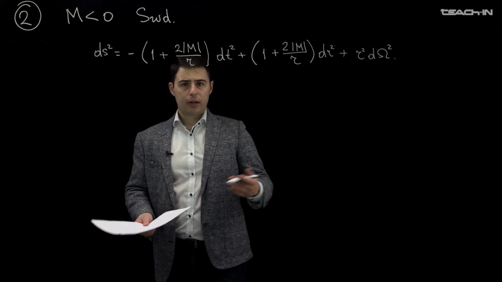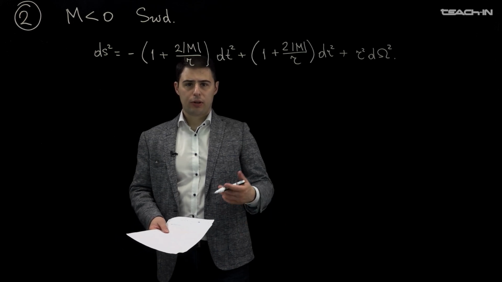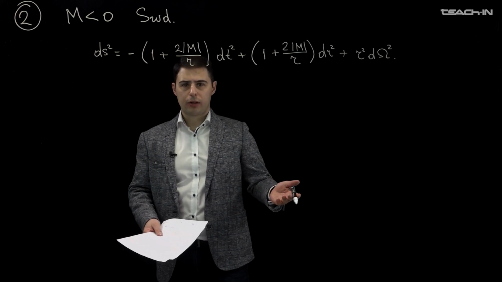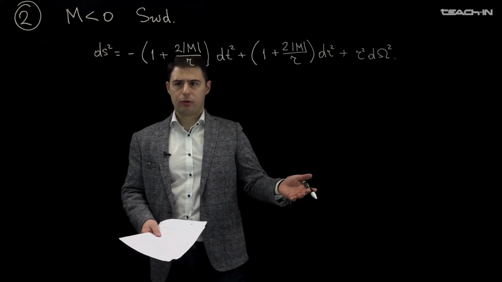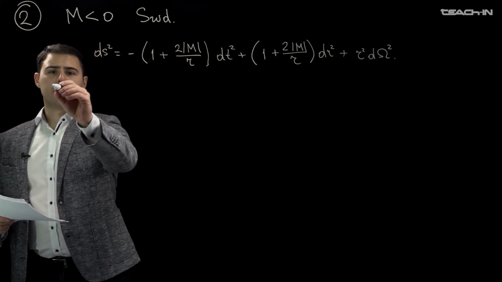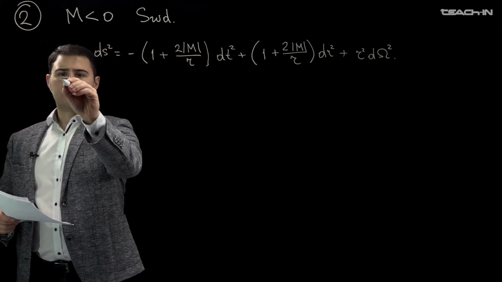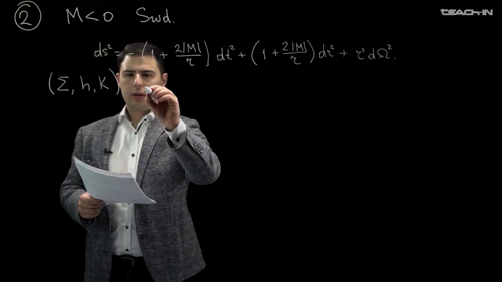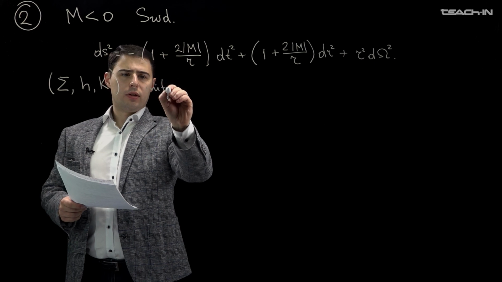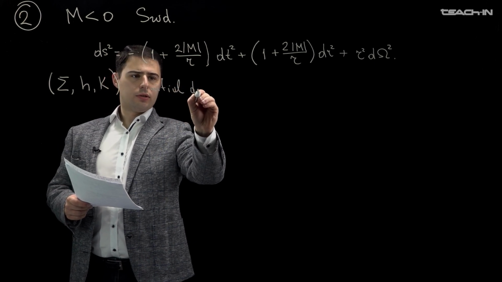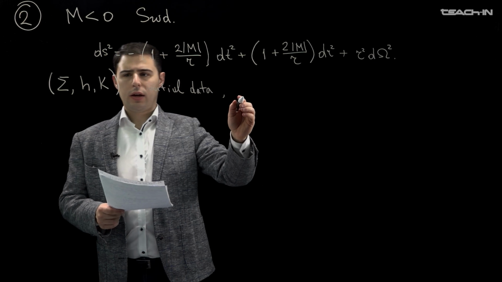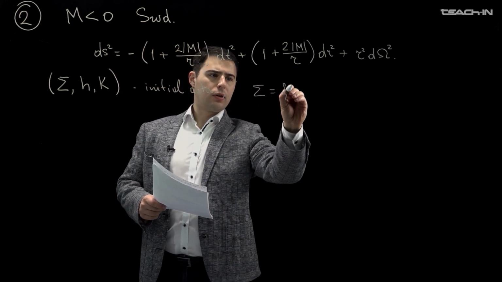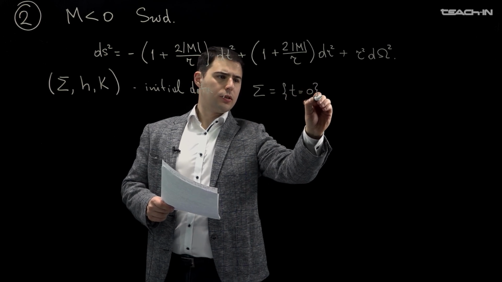Now, as an initial data, let us take the constant time slice, for example, the time slice at time equals 0. So we have sigma, h, k, initial data, and sigma corresponds to the constant time slice.